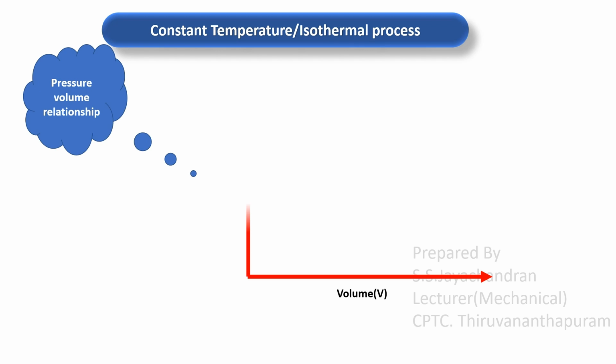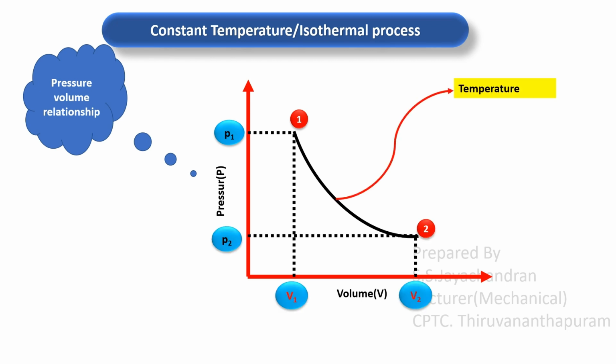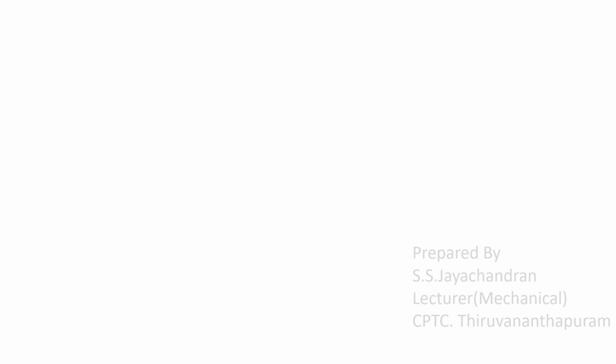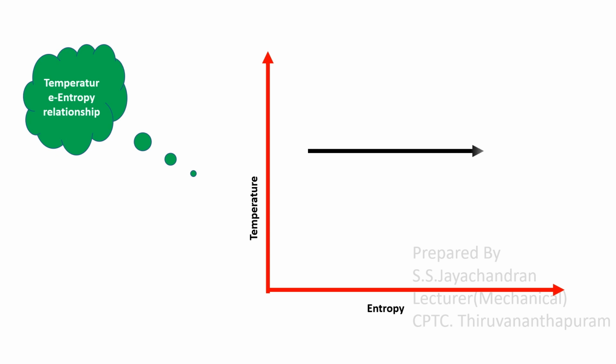Constant temperature or isothermal process. The pressure-volume diagram of the isothermal process is shown here. The temperature-entropy diagram of the isothermal process is shown here.